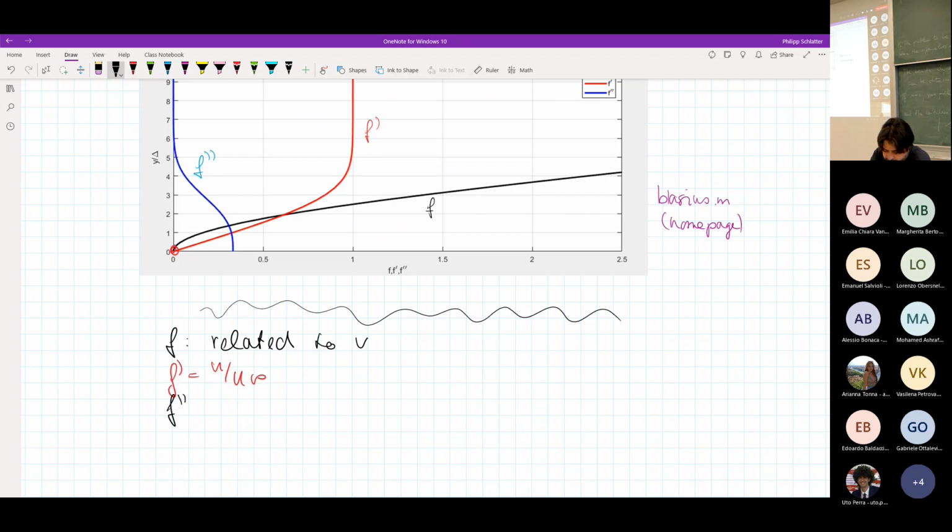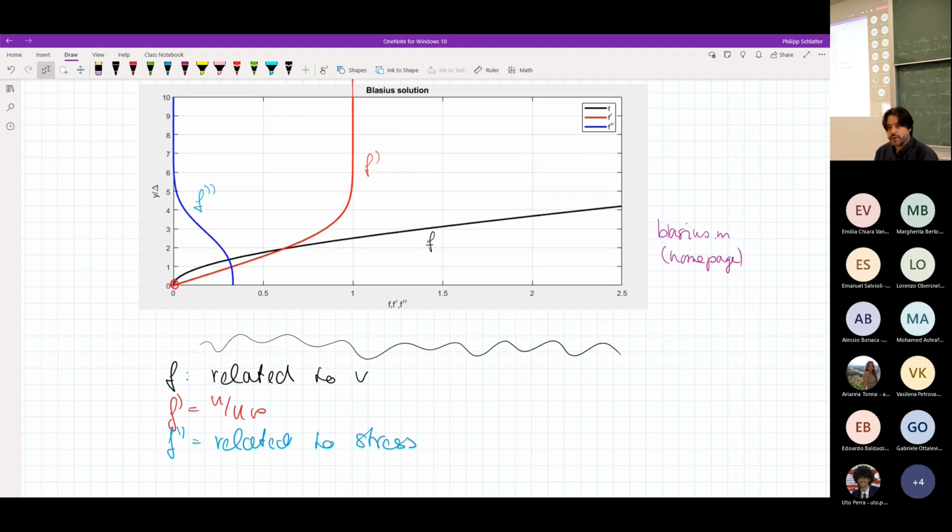F double prime, on the other hand, which is the first derivative of f prime, is somehow related to the stress, so to du dy. And of course that means it is also related to the skin friction coefficient, CF. But in general, we can just say it's related to the stress in the boundary layer of our velocity profile. We'll go back to that later today.